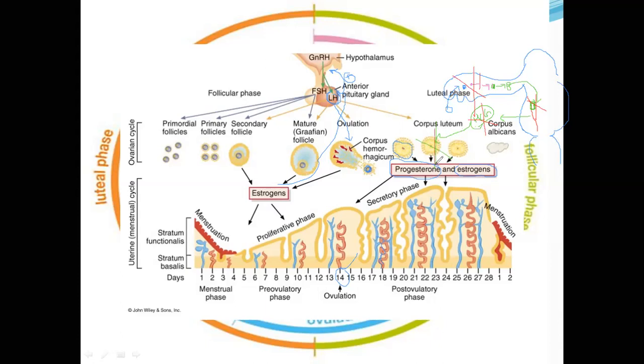After 10 days, the corpus luteum will become inactive. It will stop production of progesterone. And when it stops production of progesterone and estrogen, there will be no support for this endometrium lining. And this endometrium lining will start degradation, and it will start shedding.